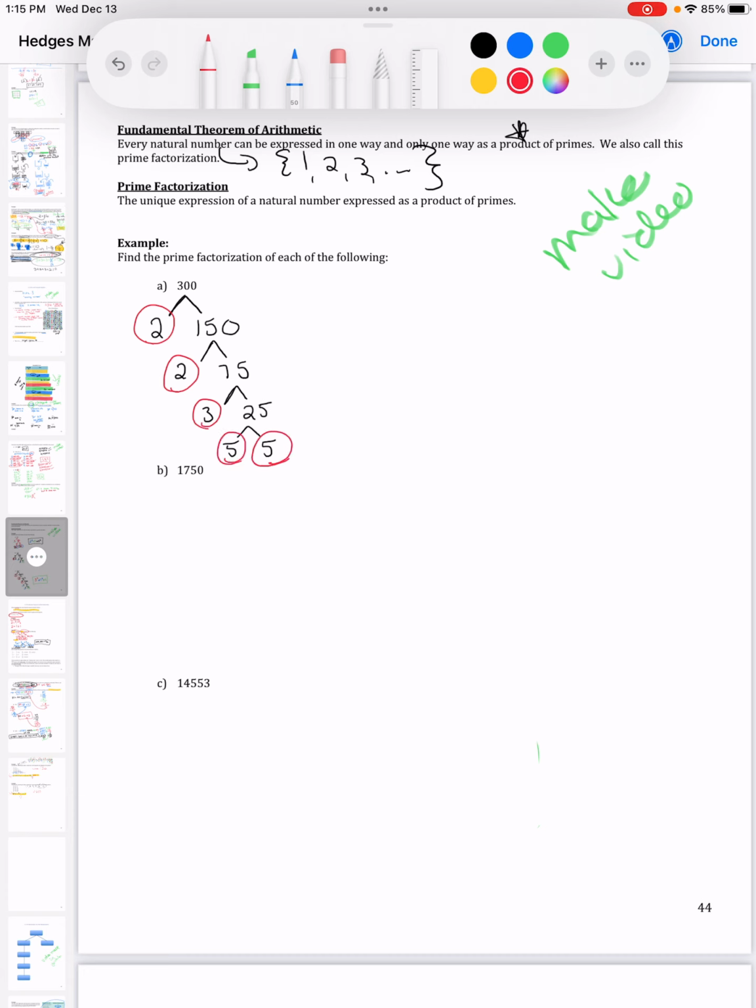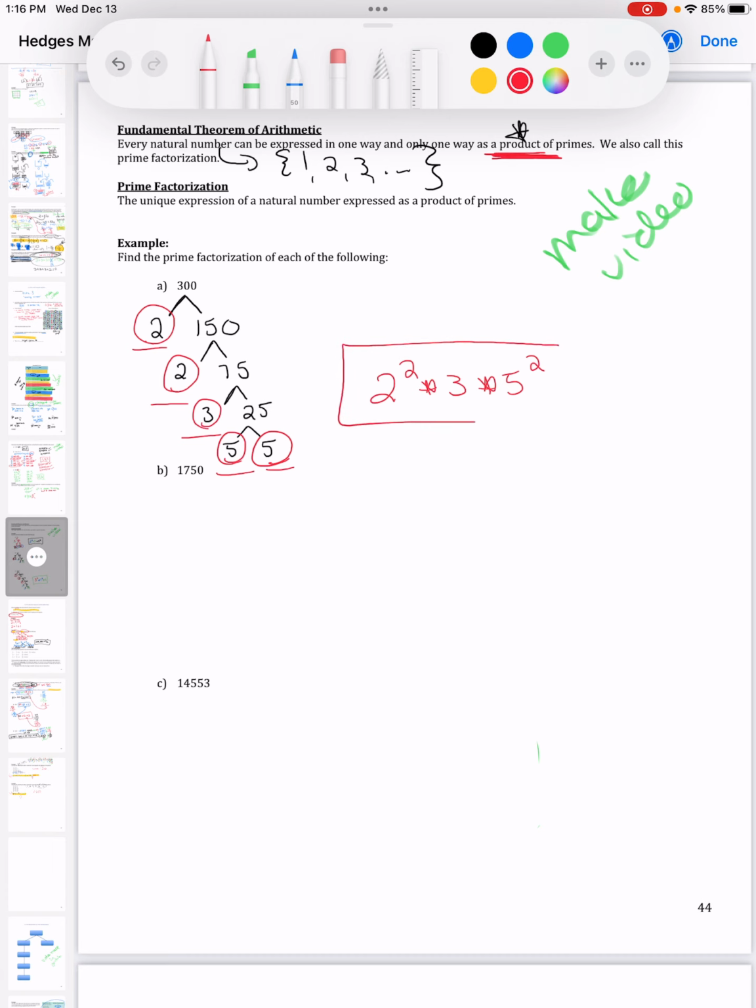So I'm going to write these as a product. Remember, that's multiplication of these primes. So there are 2 2's, so that's 2 squared. There's 1 3 and 2 5's, so I'm going to write that as 5 squared. The exponents there just say that I'm doing more than one multiplication. 2 times 2 is 2 squared. 5 times 5 is 5 squared.